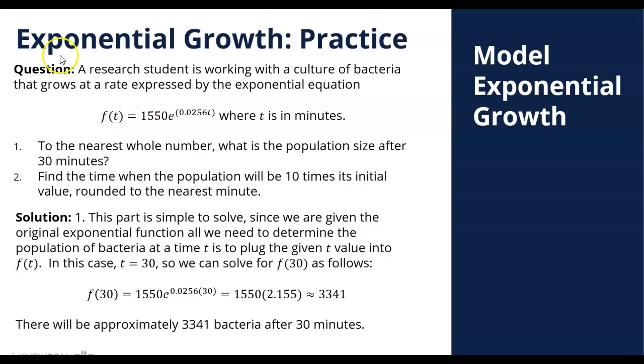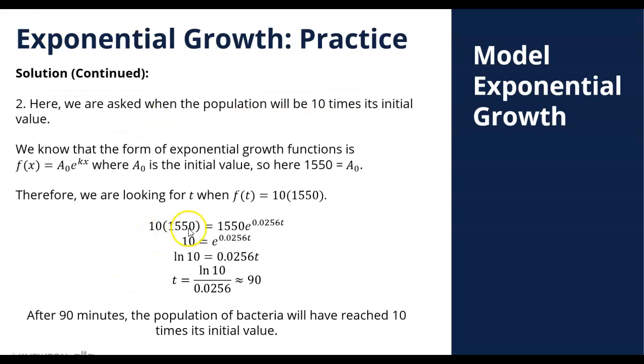the number here. And so to answer that, we will just replace our f of t by 10 times 1,550, and that is equal to the right-hand side of the equation. So you just copy the right-hand side of the equation. Now notice that this 1,550 here is common on both sides.